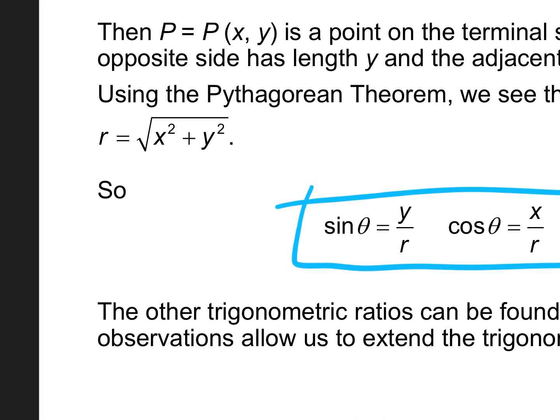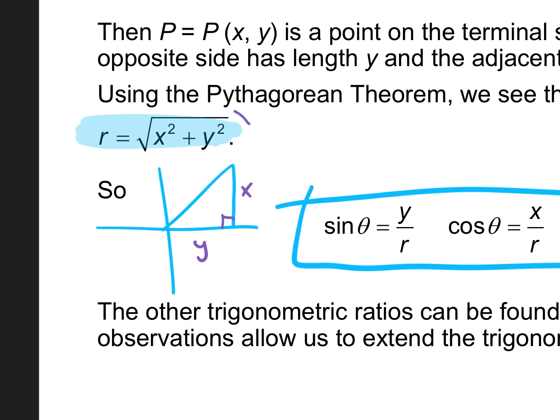Usually x and y are going to be given, and you'll have to find r. So we would use this formula. Now, looking back on that last triangle, when we have a triangle in standard position, if it gives us x and y, how do you think we could find the hypotenuse of the triangle? Pythagorean theorem, which is essentially this formula.